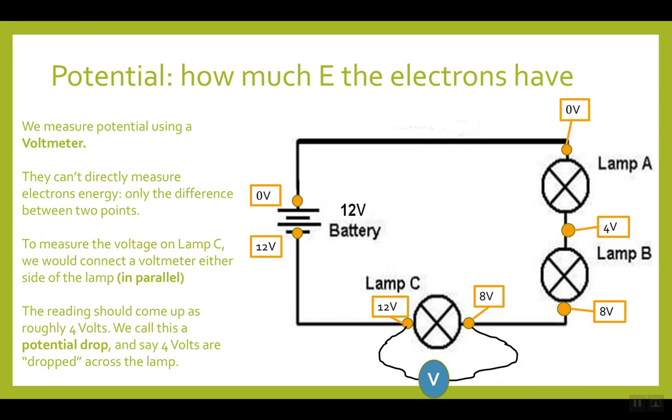And that same potential drop would be seen across lamp B and across lamp A. And we can measure across the battery to see that we've got a potential drop there of 12 volts.